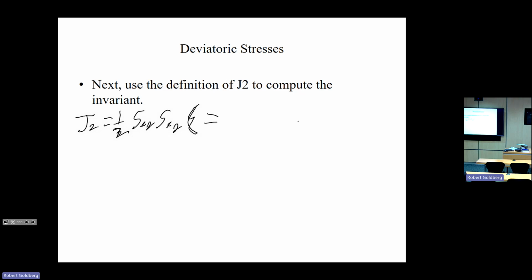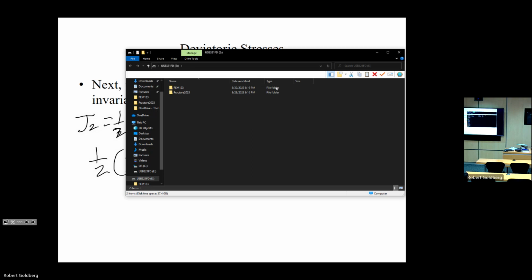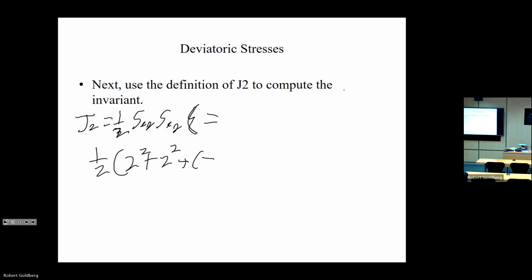So this is equal to 1/2 of 0 squared, which is 0, plus 2 squared, plus 0 squared, plus 2 squared, plus -3 squared, plus 0 squared, plus 0 squared, plus 0 squared, plus 3 squared. And you do all this, you get 13.